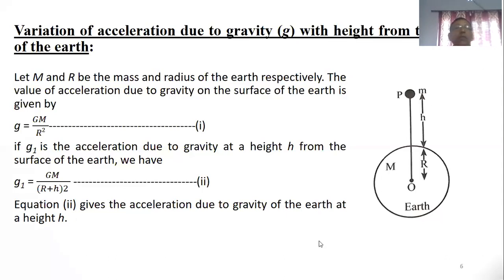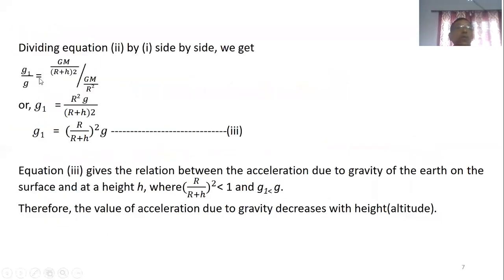Now from these two equations, 1 and 2, let us divide equation 2 by 1 side by side. We get g1 by g equal to GM by R plus h whole square over GM by R square, and this GM and GM will be cancelled.